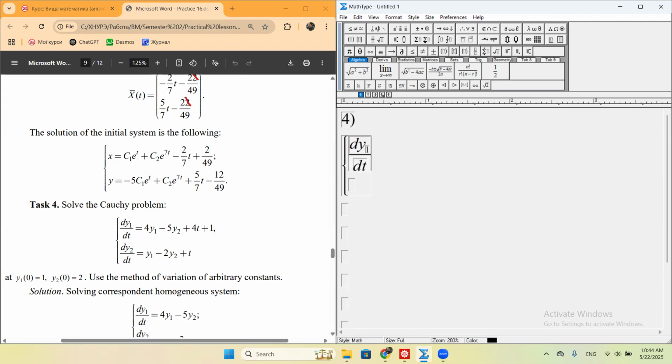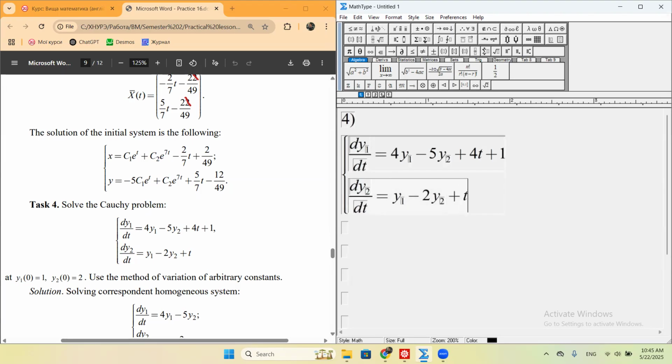So dy1 by dt equals 4y1 minus 4y2 plus 4t plus 1. Then dy2 by dt equals y1 minus 2y2 plus t.